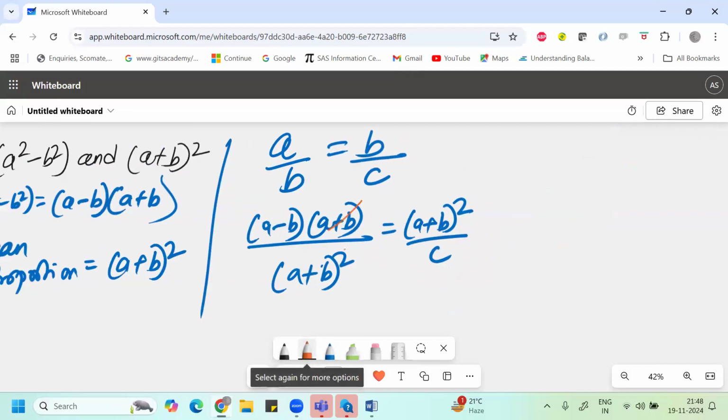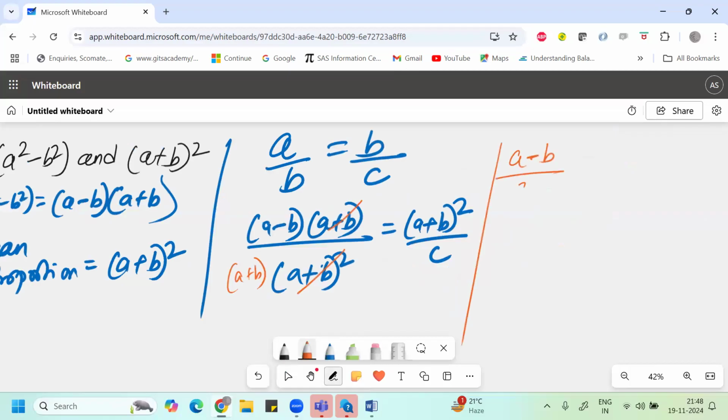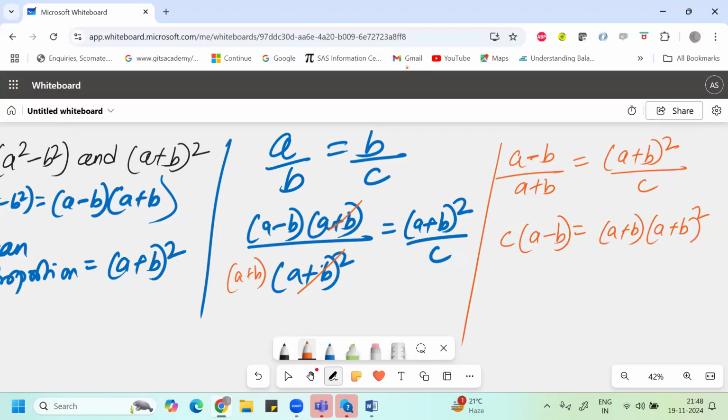Now here you can cancel this. a plus b is written two times, so here you will get a plus b only. Now you will get a minus b by a plus b is equal to a plus b whole square by c, correct? Now if you cross multiply, you can write c into a minus b is equal to a plus b into a plus b whole square, so this is a plus b whole cube.